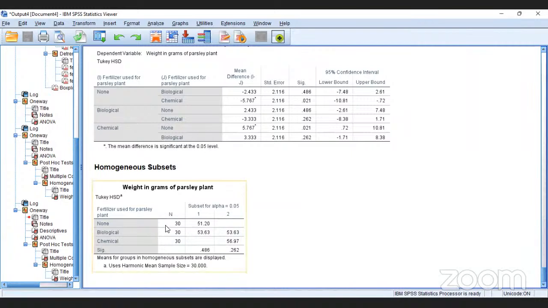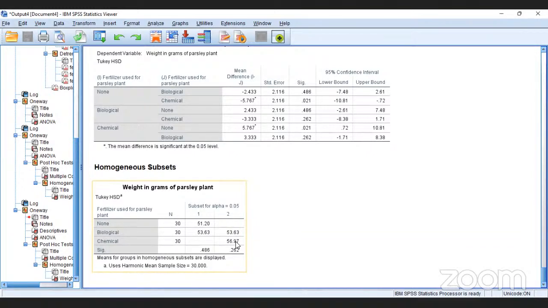So what we notice here is that we compare this. And these are our three categories. They have grouped that, if we want to group them, the non-fertilizer category and the biological fertilizer category are almost in the same group. They group them as one category, right? And the next category is that of what? The chemical, which is alone. Do you get it? However, we could put chemical and biological closer.